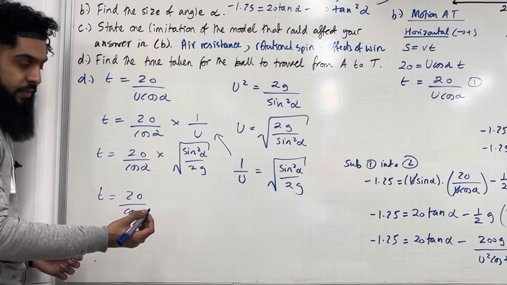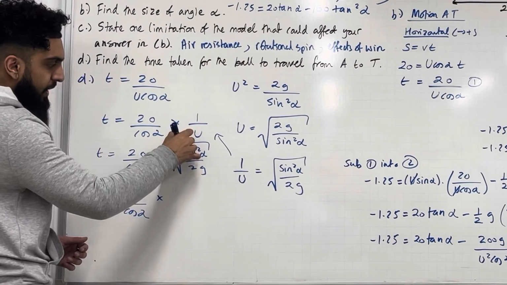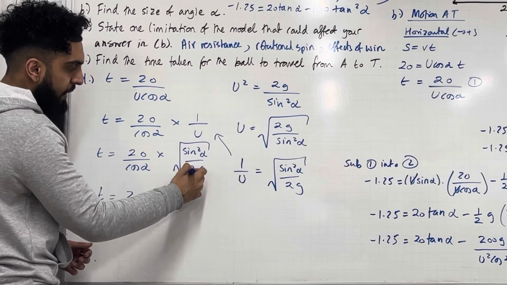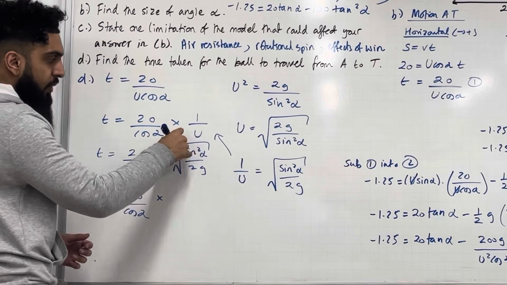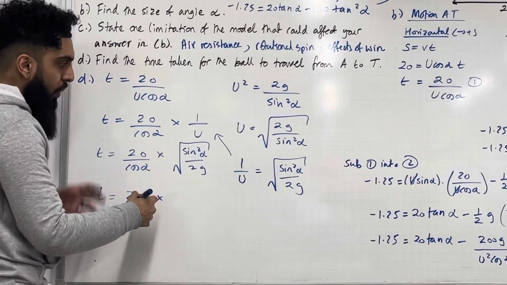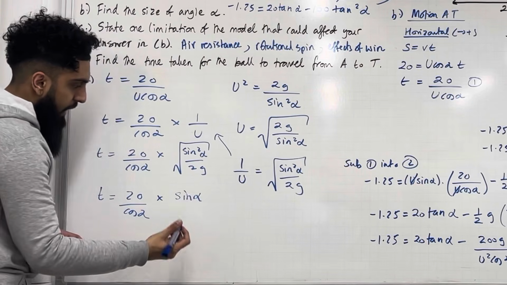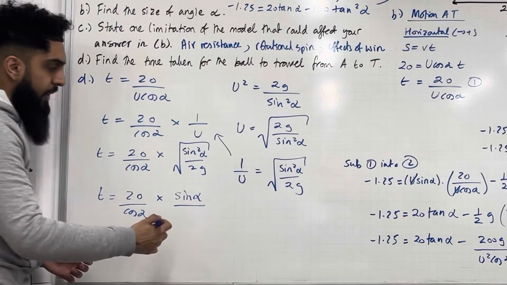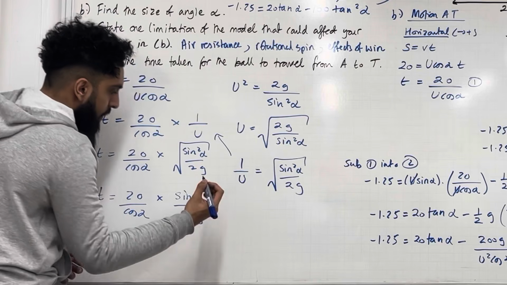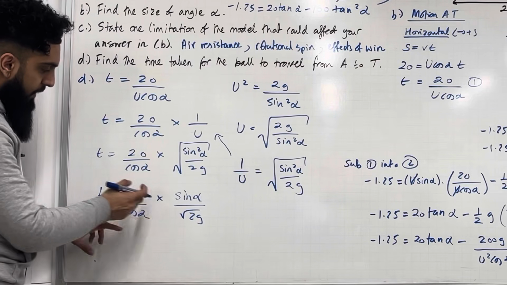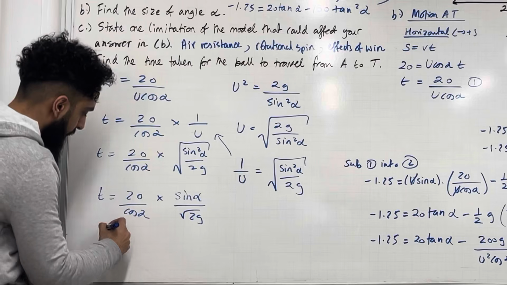So if I use laws of surds, I can take the square root of the numerator, divide by the square root of the denominator. So the square root of the numerator will just be the square root of sine squared alpha, which is just sine alpha. Divide by the square root of the denominator, which is square root 2g. So sine alpha divided by cos alpha is just tan alpha.